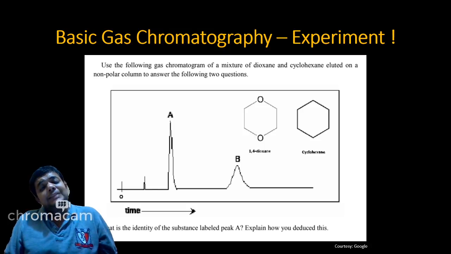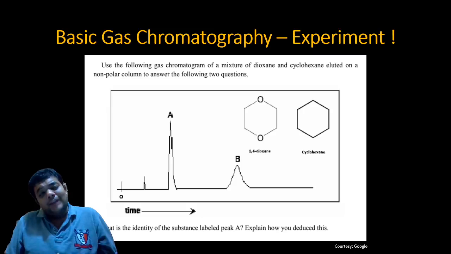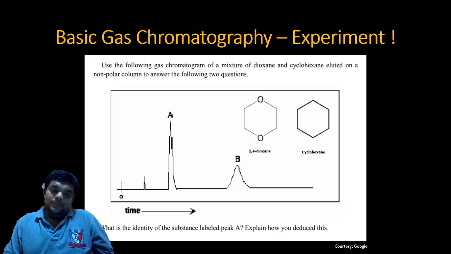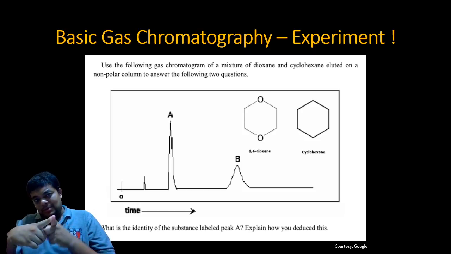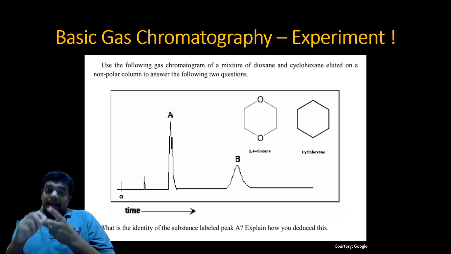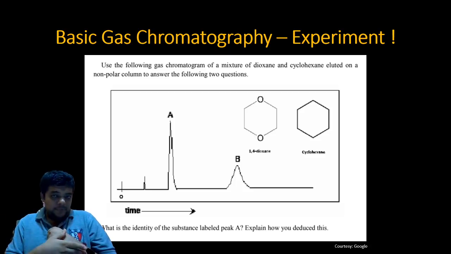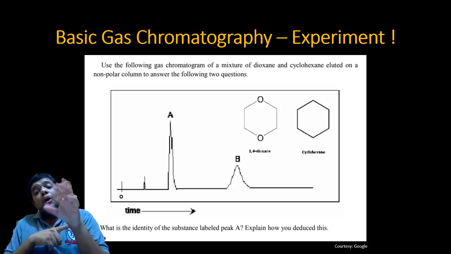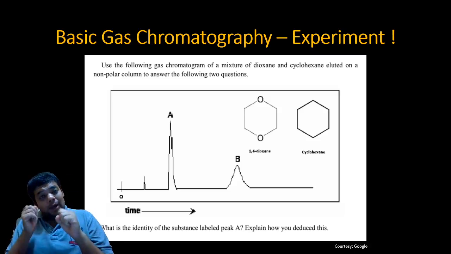Use the following gas chromatogram of a mixture of dioxane and cyclohexane eluted on a non-polar column. So your column is non-polar. When the column is non-polar, it's C18, C8, C4, and it's a reverse phase type. Over here, as the column is non-polar, it will attract the non-polar more and the polar less.